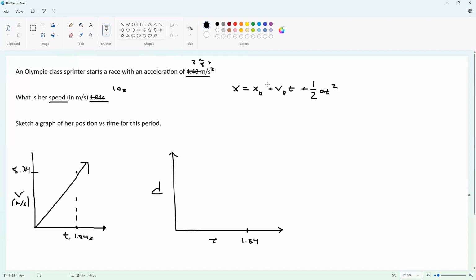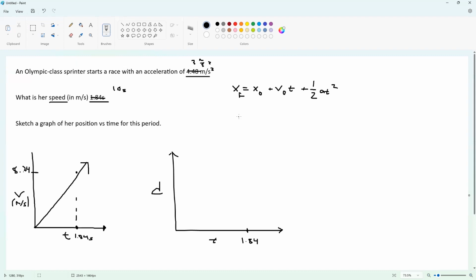I'm sure that's correct. Yeah, this is correct. This is longer than I'm used to remembering it, but yeah, this is correct. That's the final position.